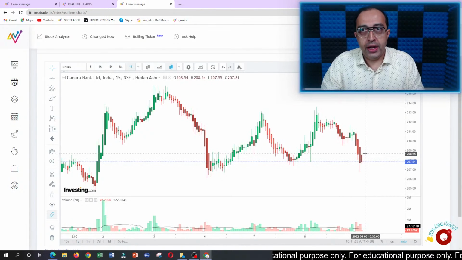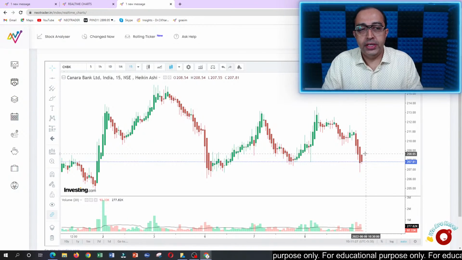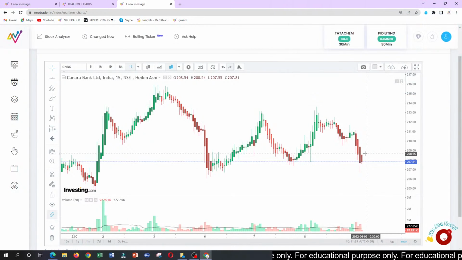In Canara Bank, you can see here that there is a long body candle, and the entire move is heading to the downside.